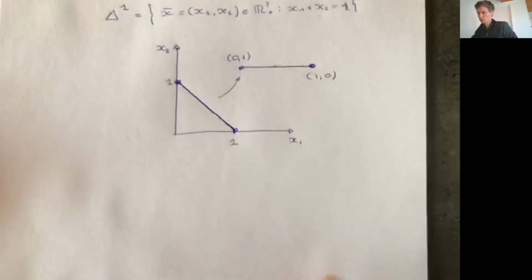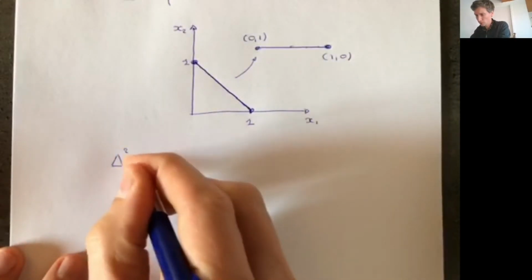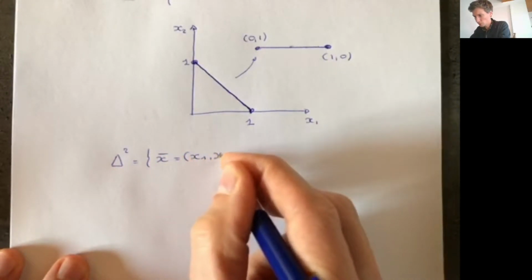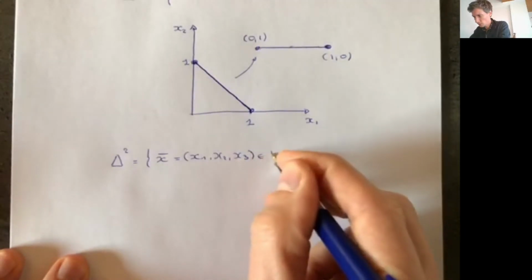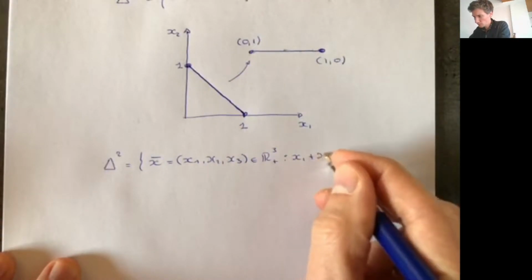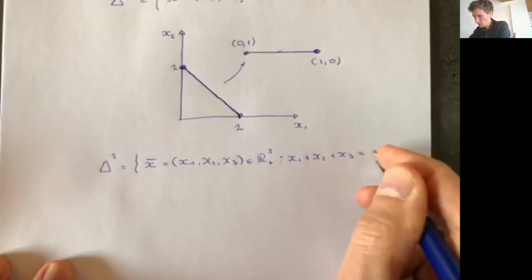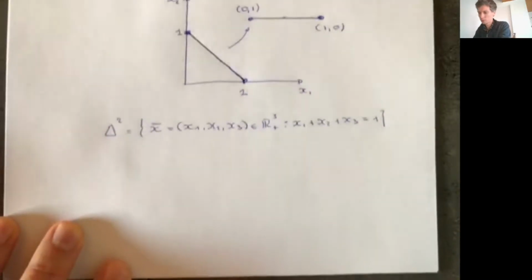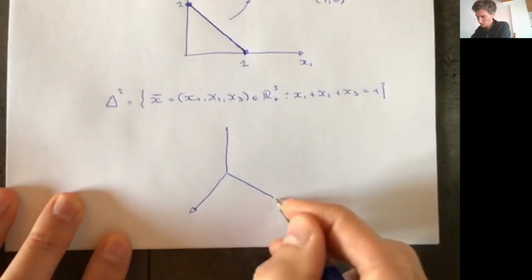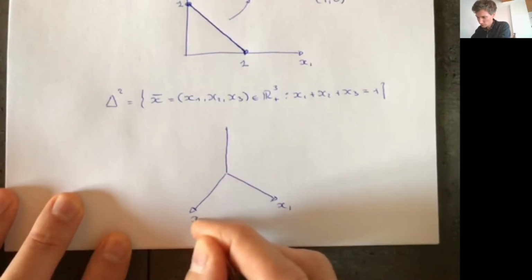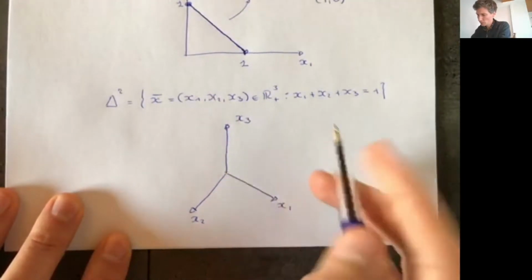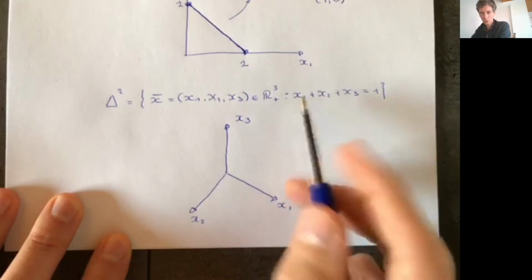We can, for example, also have a look at delta 2. These are now vectors that consist of 3 components, x1, x2, x3, so they are elements of R^3_+. If we add up these 3 numbers, they have to add up to 1. If we draw this in a 3D diagram, I'll do my best. Here we have x1, x2, and then x3. If x2 and x3 are equal to 0, then x1 has to be equal to 1.